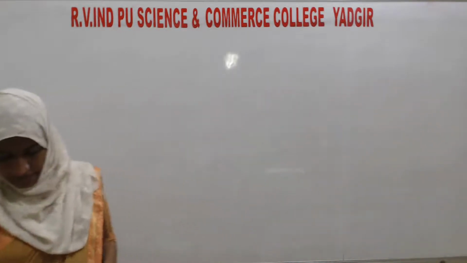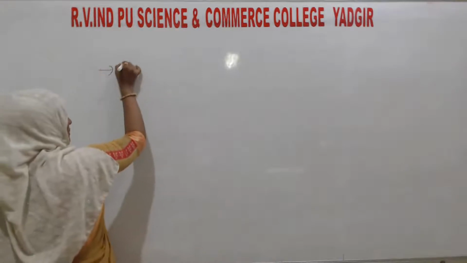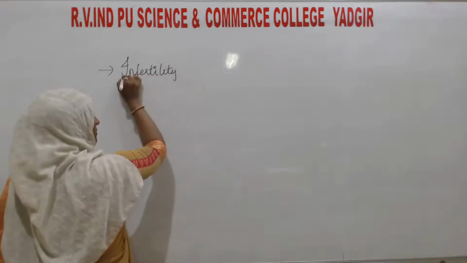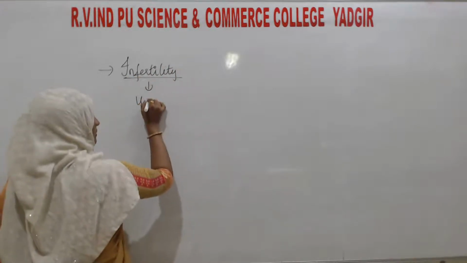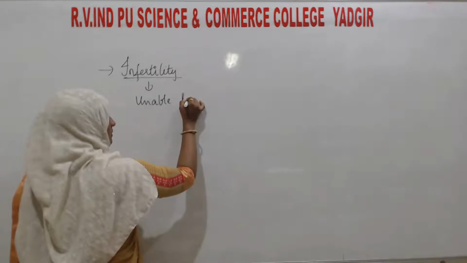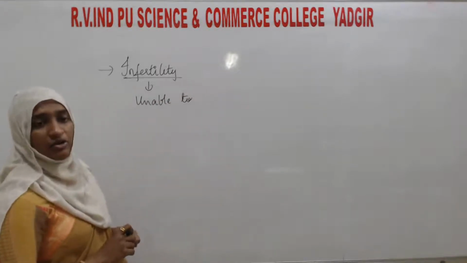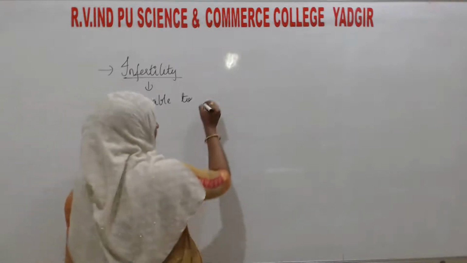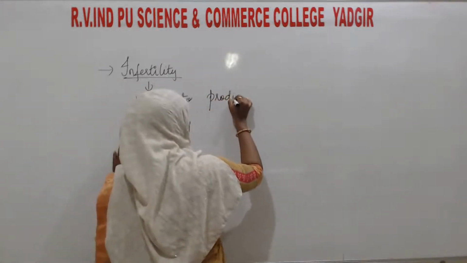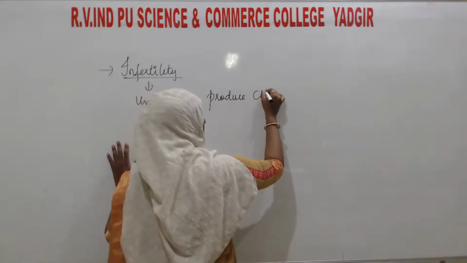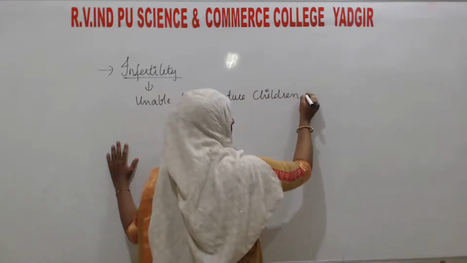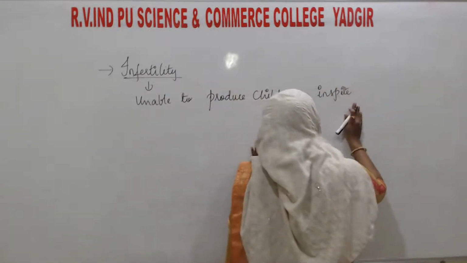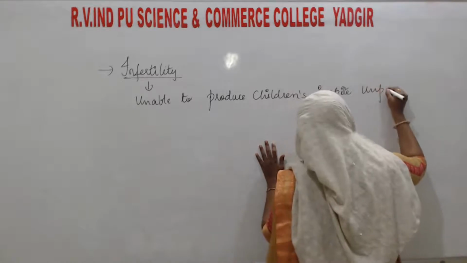Next, infertility. Infertility means being unable to conceive a pregnancy or unable to bear a child. They are unable to produce children in spite of unprotected sexual activity.